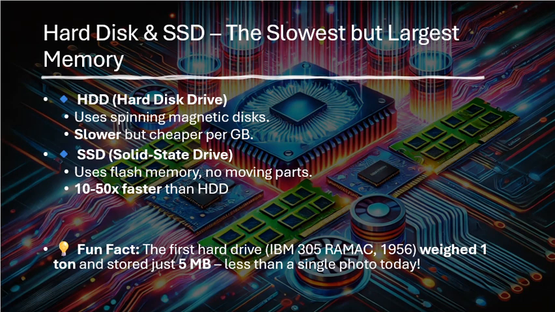As is intuitive, since they are faster than HDDs, they are more expensive. The first hard drive, the IBM 305 RAMAC, built in 1956, weighed a ton and stored just 5 MB, which is less than a single photo we store today.